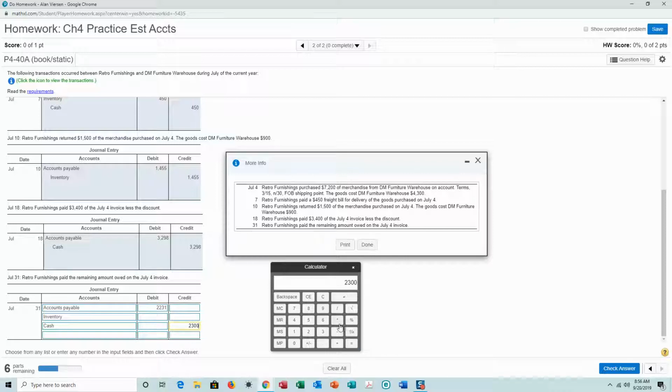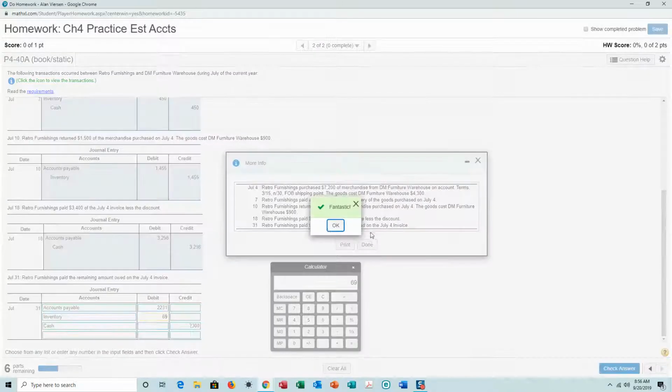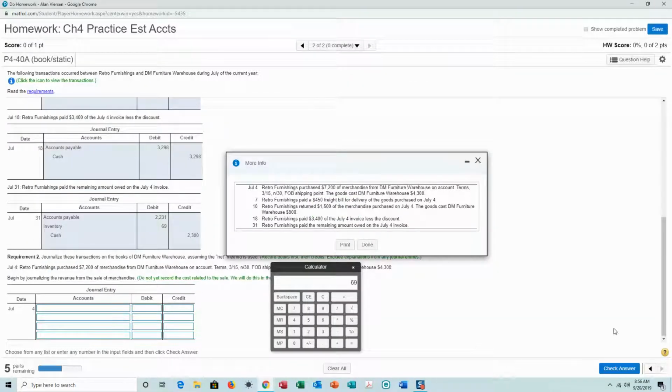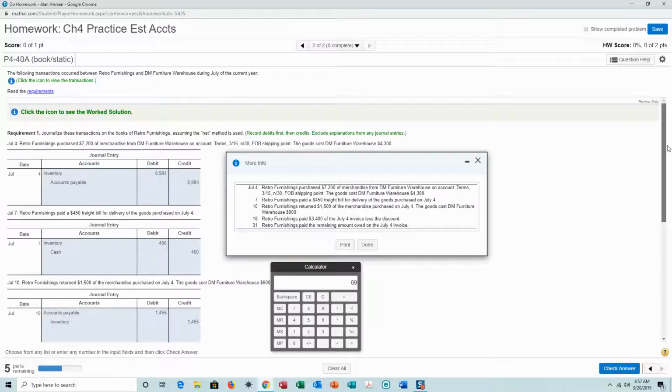And if we use that same amount, we multiply this times 0.03, which is the discount we lost, and it gives you the amount of added cost to the inventory because we did not get the discount. And it says fantastic.